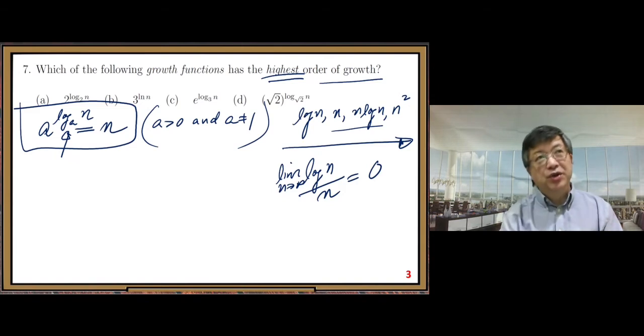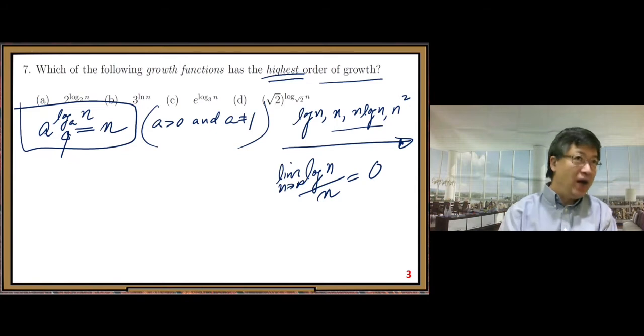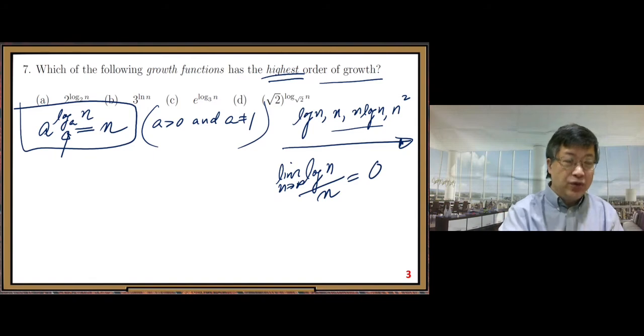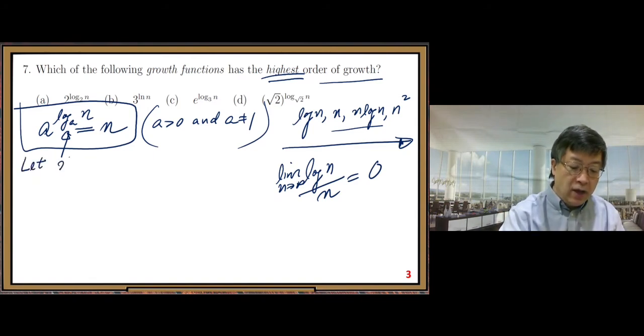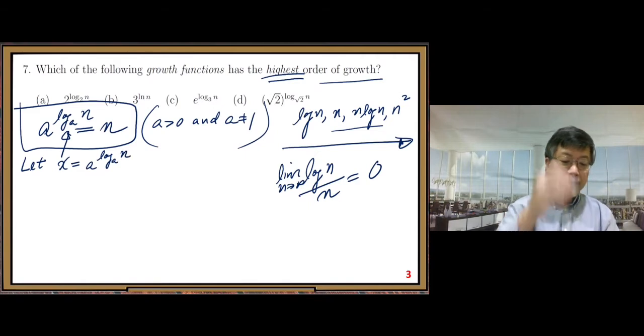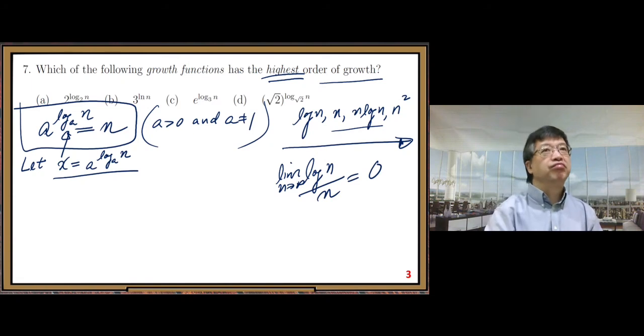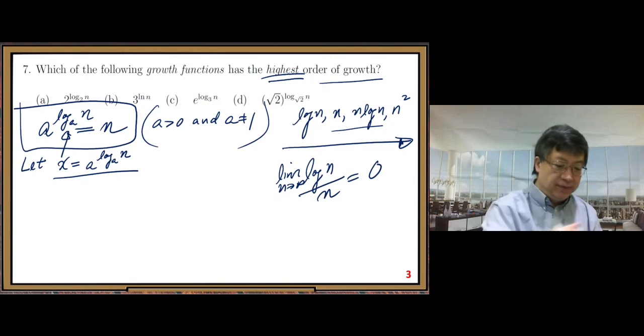Here, let me show you why it is correct. You may wonder why we can have this formula. Let me quickly show you because it's pretty simple. Let x equal a to the log base a of n. So we assume x equals that expression. Now we take log base a of both sides.